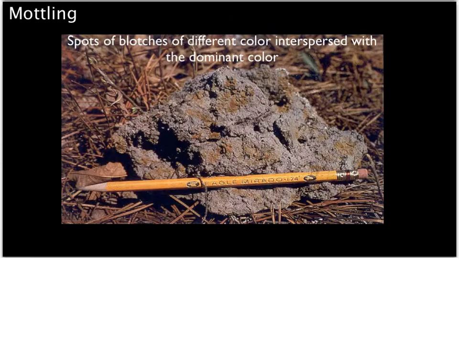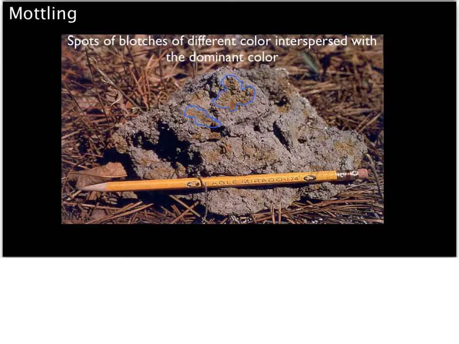So here is one of the key concepts in soils. If you look into a soil profile and you see these splotchy areas, what's happening here is, remember we talked about iron changing forms.